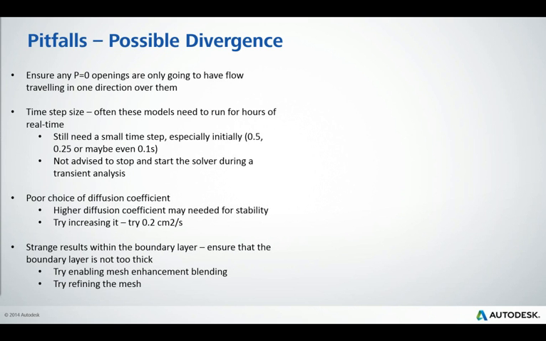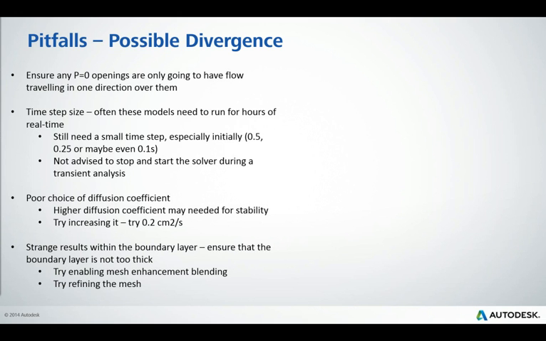There's a few other possible pitfalls as well. I would say that almost always when a customer comes to us with a car park analysis, it's diverged and they don't know why. So if they followed all these steps, there's a few other things that could be a problem. One is our P equals 0 openings, where we've got a pressure, temperature, and our scalar.